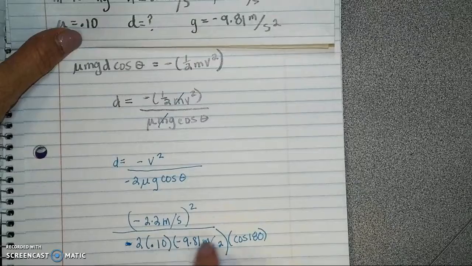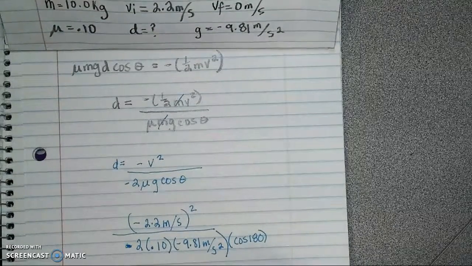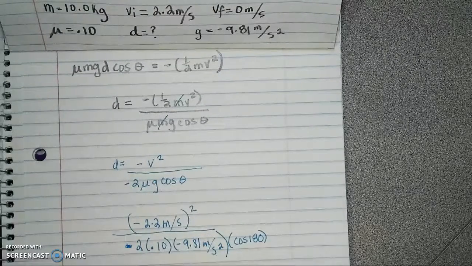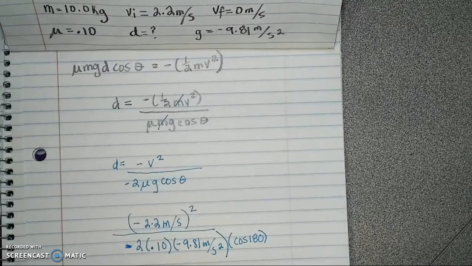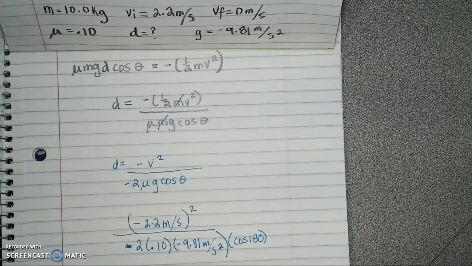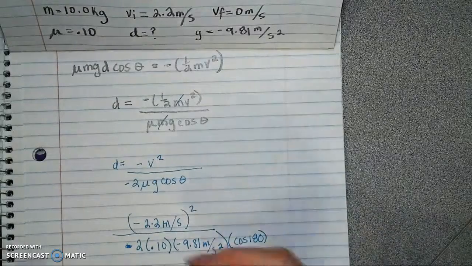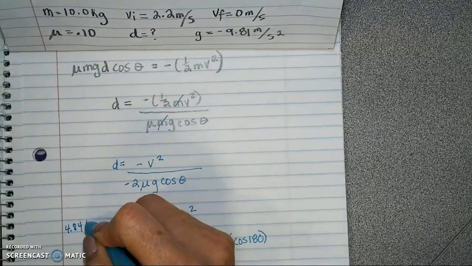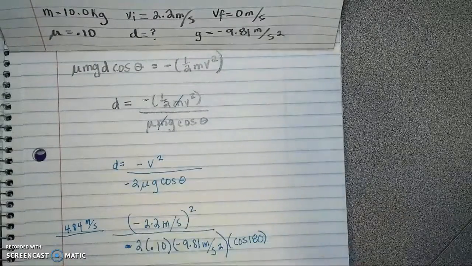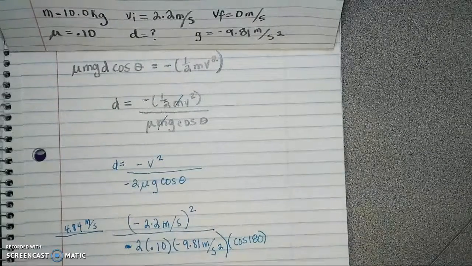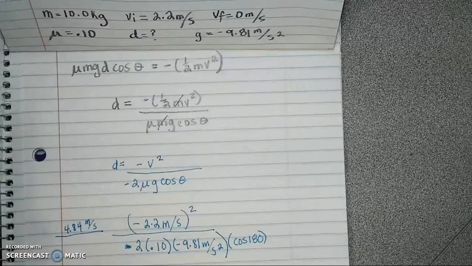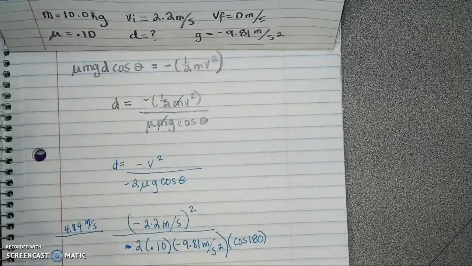Okay. So when we do the math at the top here, negative 2.2 squared, and at the bottom, you're going to have 2 times 0.1 times negative 9.81 times negative 1.